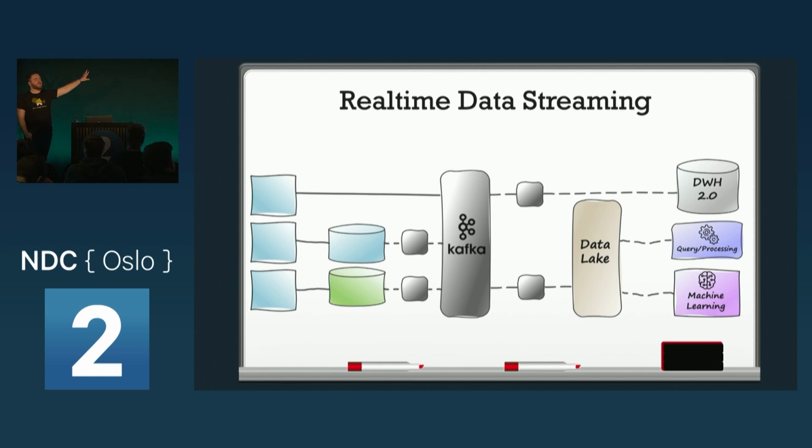In the center of this architecture is our streaming engine. In this case, I've placed Apache Kafka, which is the de facto engine used today, but there are other alternatives. For example, if you're working with Azure, that's Event Hub. If you're working with AWS, that would be Kinesis.